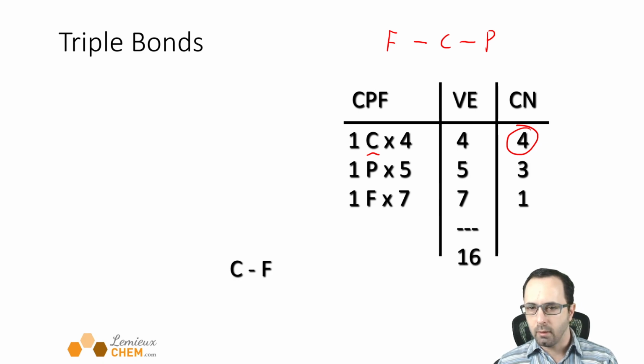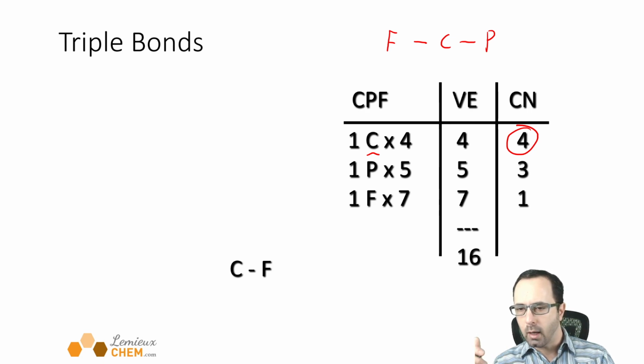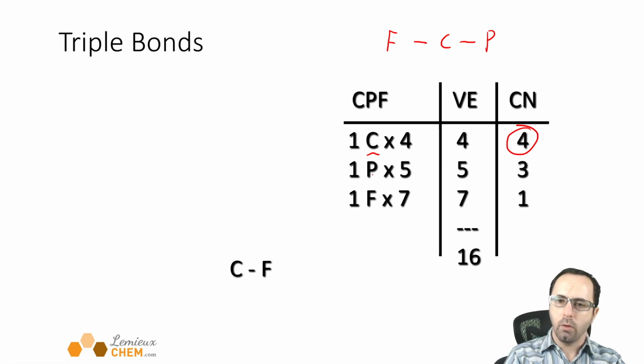We've drawn a skeleton. Now we put electrons around the outside atoms first until we run out of valence electrons. So we've got 2, 4 down so far. If I put a lone pair here, that will make it 6.